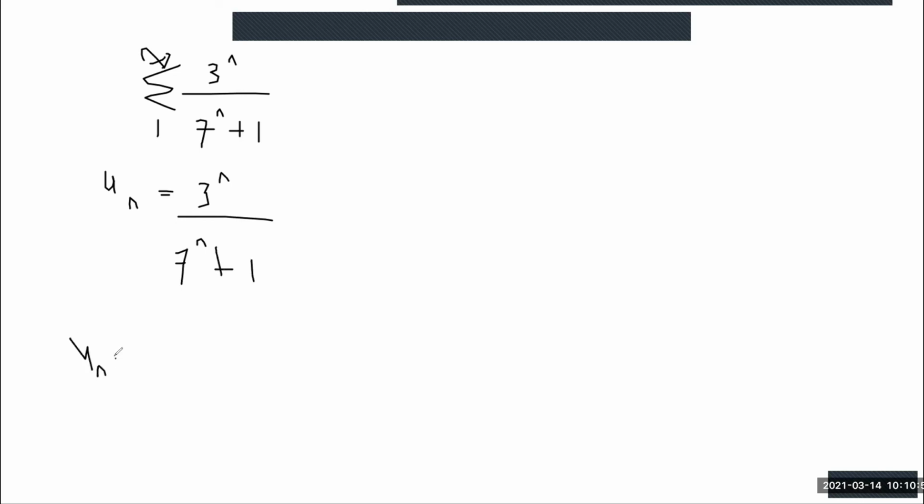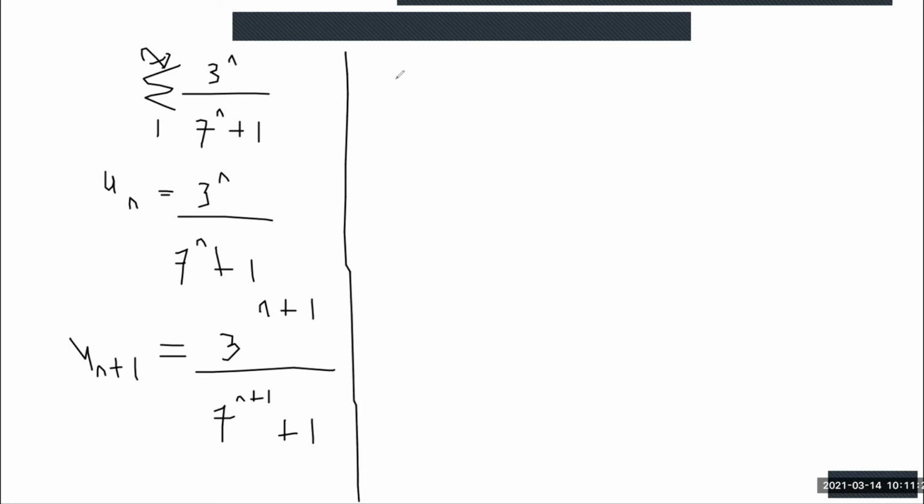Your un plus 1 means you replace n with n plus 1 to get 3 to the n plus 1 divided by 7 to the n plus 1 plus 1. That's what you get.